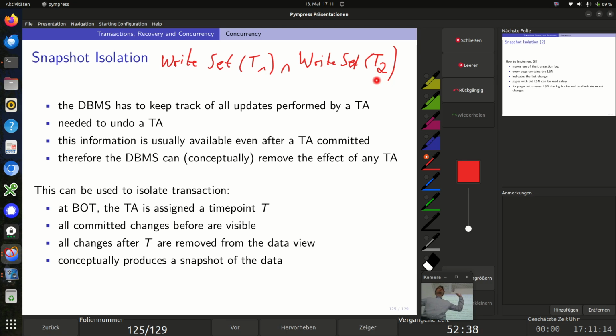So before writing my changes to disk, I compare whether what I would write to disk has been modified by someone else. So actually I'm comparing the write set of my transaction to all the other write sets. And if the intersection is empty, I'm allowed to commit. And that's actually snapshot isolation.